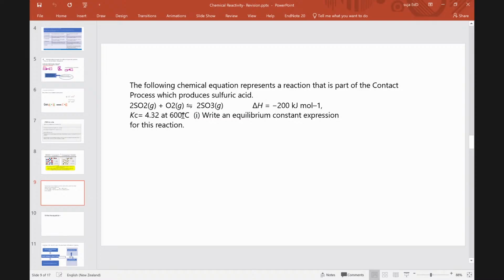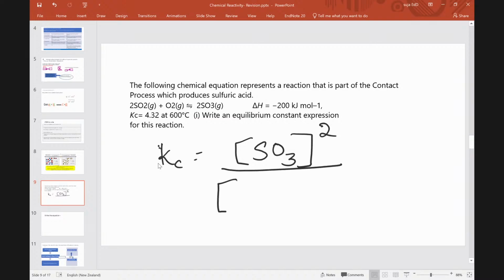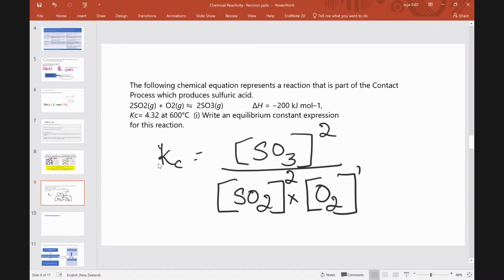Here, this is a classic example. So if I have to write here, I'm writing an equilibrium concentration. Kc is equal to concentration of SO3 to the power of 2 divided by concentration of SO2 to the power of 2, because there are 2 moles, times concentration of O2, and that is 1 because there's only 1 mole of O2.